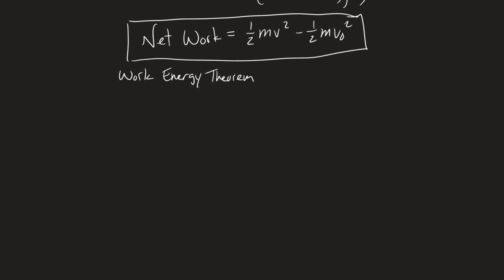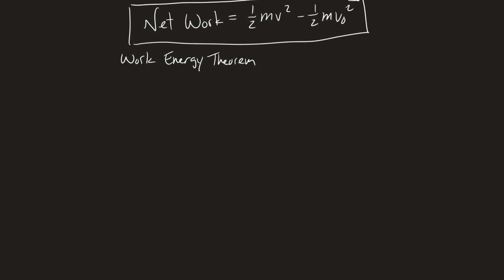First, a lot of you already know this, but these terms have very specific meanings. If you've ever seen them before, you know they have a name. We call 1/2 mv squared the energy of motion, or kinetic energy.